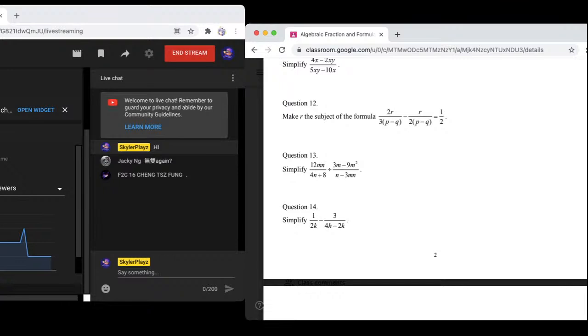33. So 12mn over 4n plus 8, divided by 3m minus 9m squared over n minus 3mn. Always factorization. First fraction, top no change, bottom factor 4, n plus 2, and then change into multiplication.